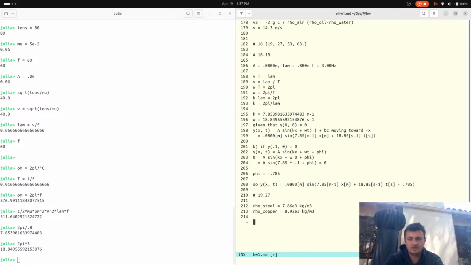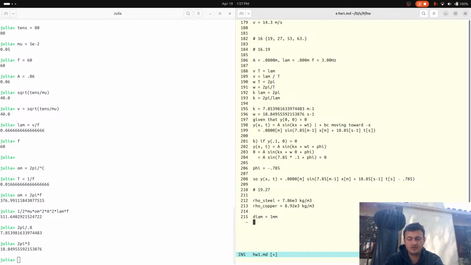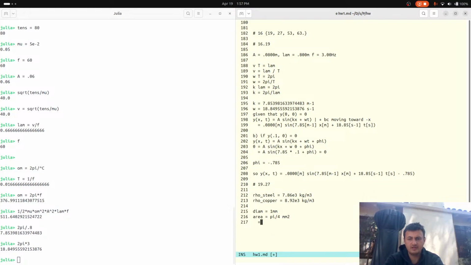Okay, so the diameter is equal to 1 millimeter. So then area is equal to pi over 4 millimeters squared, which is pi over 4e6 meters squared.